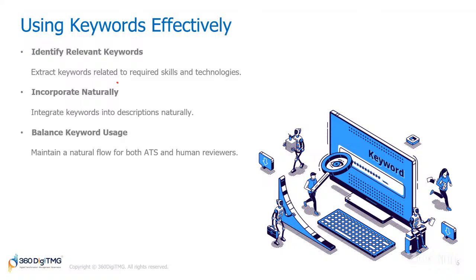Based on keyword matches, it will give a score between 0 to 100 to each resume. The top ATS-scored resumes will be selected for the interview round. Now how will you make sure that your resume gets a higher ATS score?